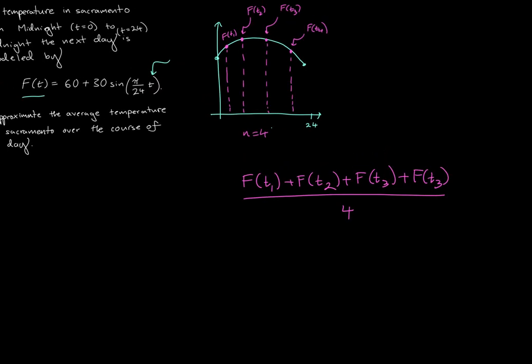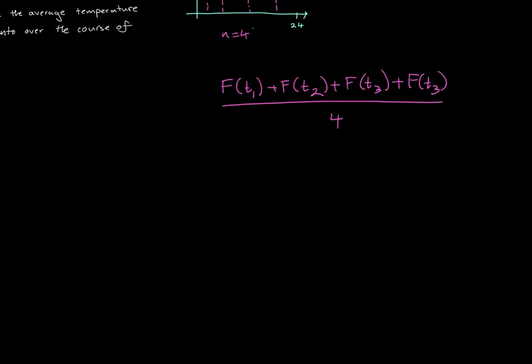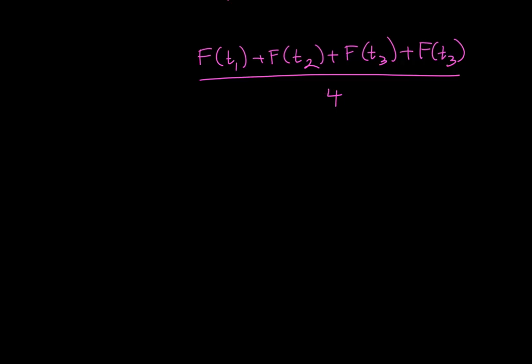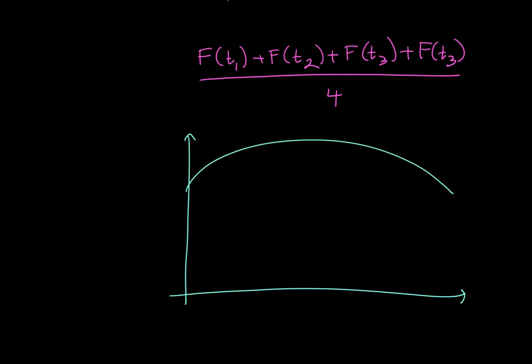But of course, we want to be much more accurate. So what if we were to take, instead of just 4, n sample values? I'll draw the same curve again. Let's imagine we grab n of these sample values.